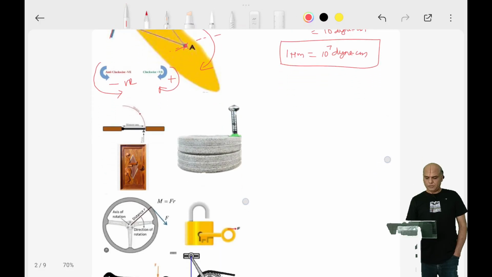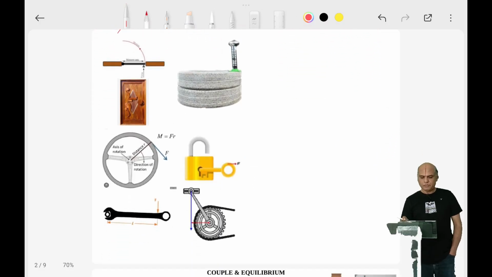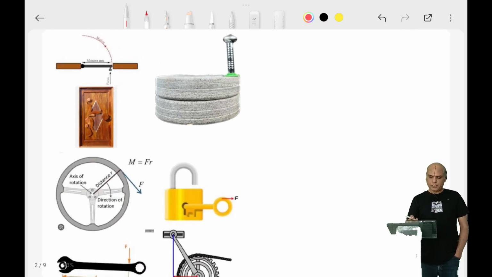Okay, let's move further. Let us look at some daily life examples of moment of force. If you see on the screen, this is the elevation of a door and this is its top view. So when a person is applying force on the knob of the door, this knob is at a distance from the pivot or hinge.